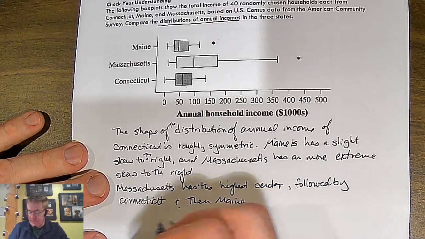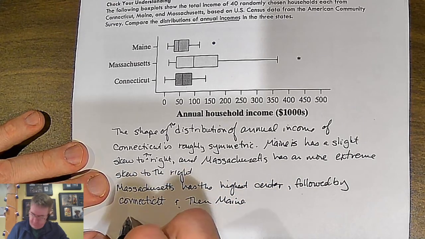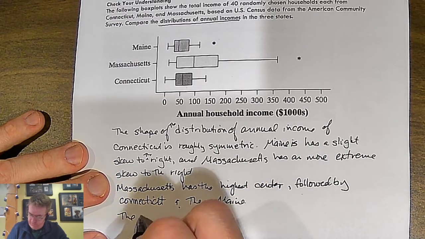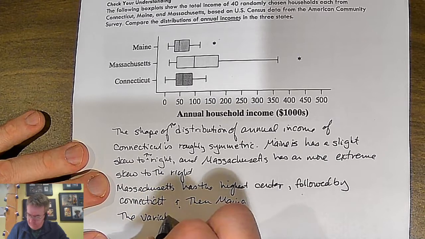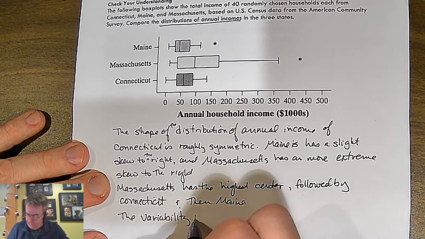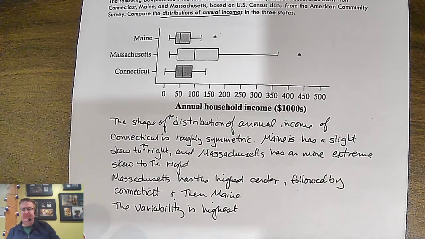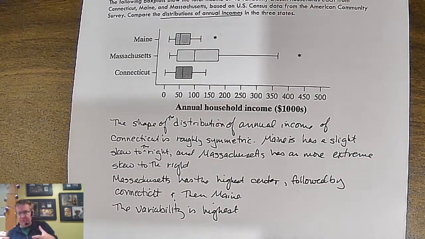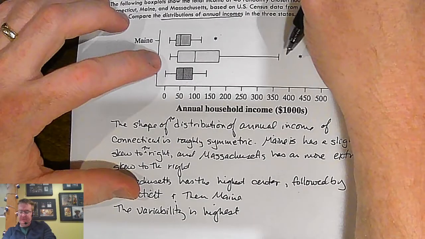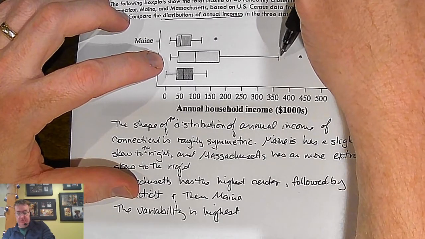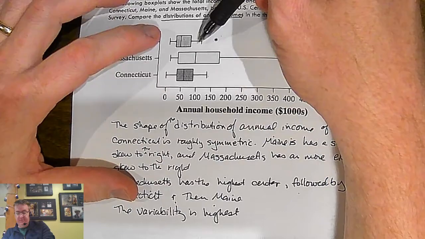Variability, there's your V. Who has the highest variability? Who's the most spread out? Massachusetts is the most spread out. They have the biggest range. Connecticut would be next, followed by Maine.